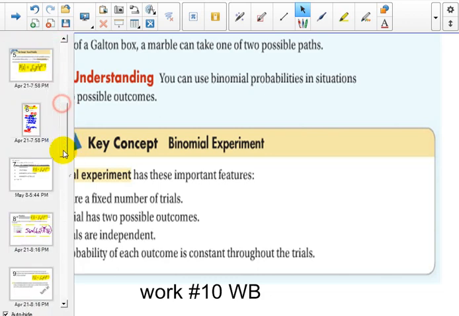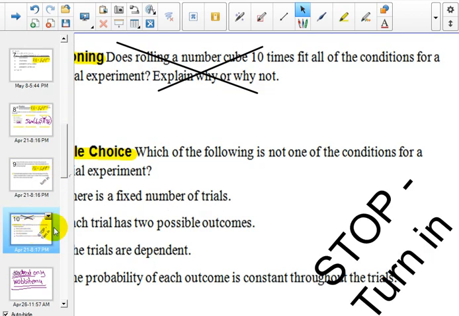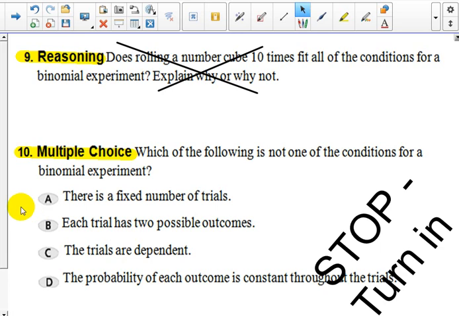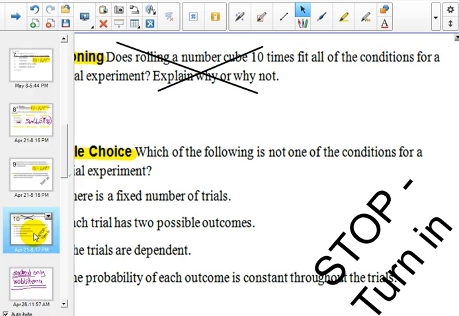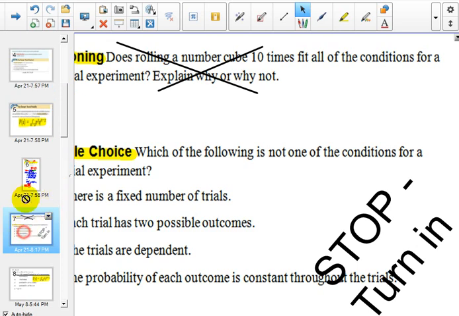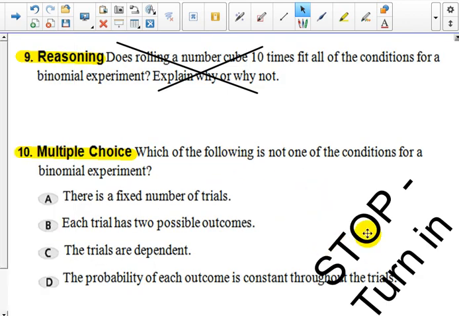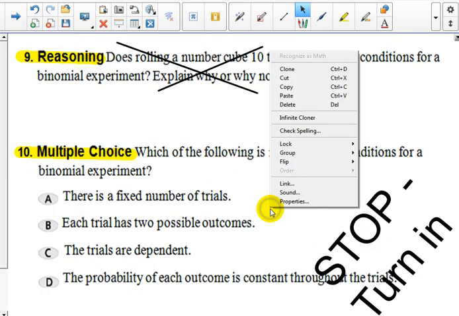Let's see. It's this one. And actually, let me move this up. It is so hot in here. All right. Yeah, here we go. Okay, so, and we're not turning it in yet.